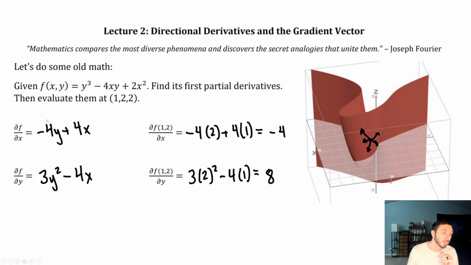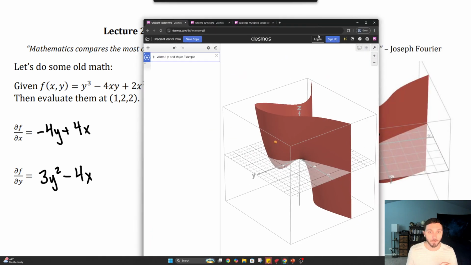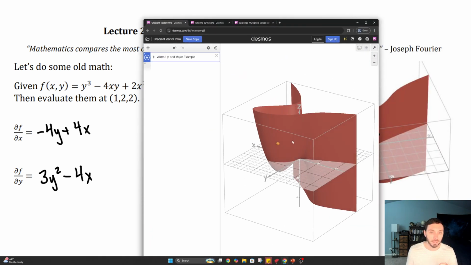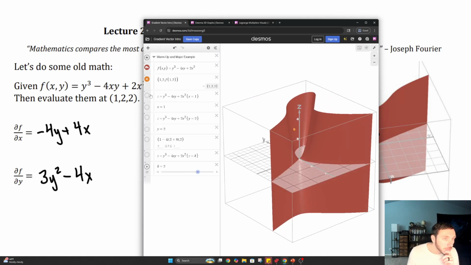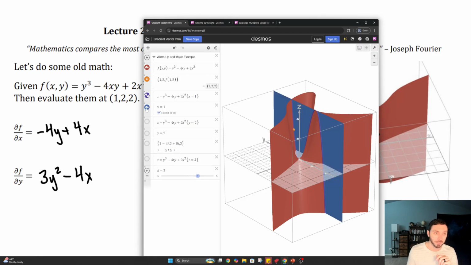Well, the partials, remember the idea behind it is it's the change in x while keeping y constant for the first and the change in y while keeping x constant for the second. If you were to plug in 1, 2, the idea primarily being, if I have the surface here and I have my point 1, 2, I can just turn on the curve when x is fixed to be 1, which would be on this plane.